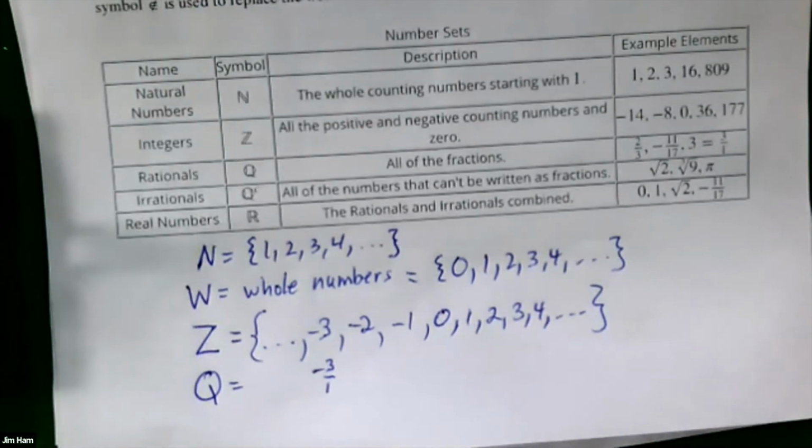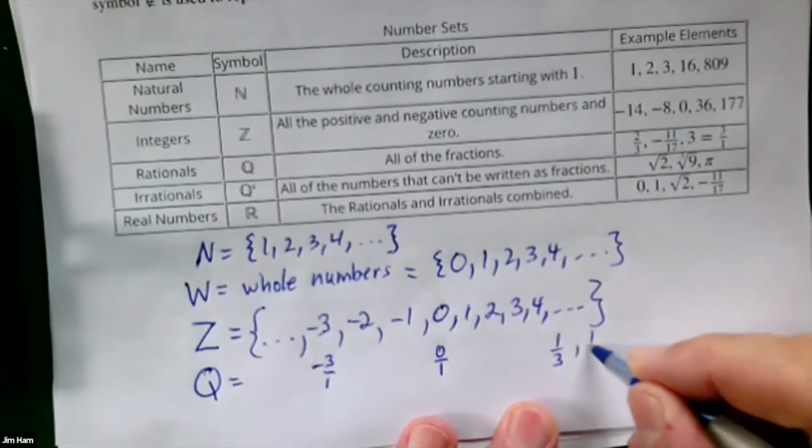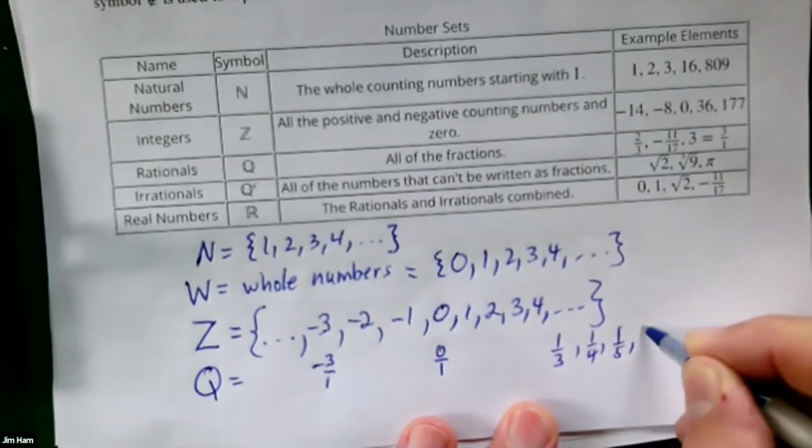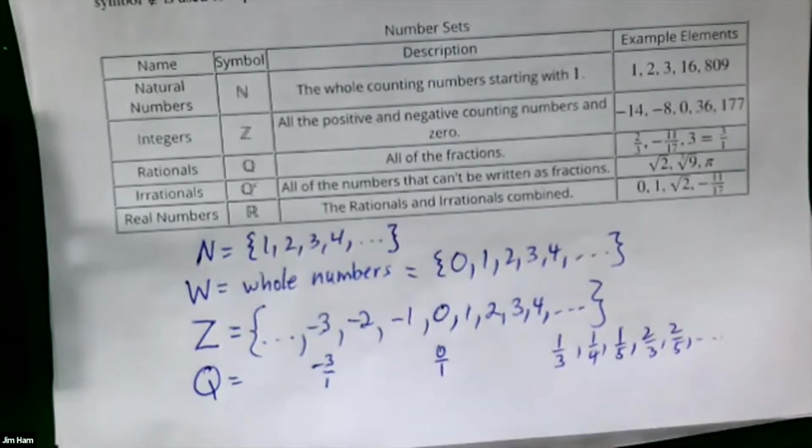Since it can be written as a fraction, it's included in the set of rational numbers. But the set of rational numbers also includes numbers like 1/3 and 1/4 and 1/5, all of the unit fractions, 2/3 and 2/5, and so on. All of the fractions that you can possibly write where you have an integer over an integer, except you can't have a 0 in the bottom, because that would be undefined. I can't list all of these, so I'm just going to go with their definition.